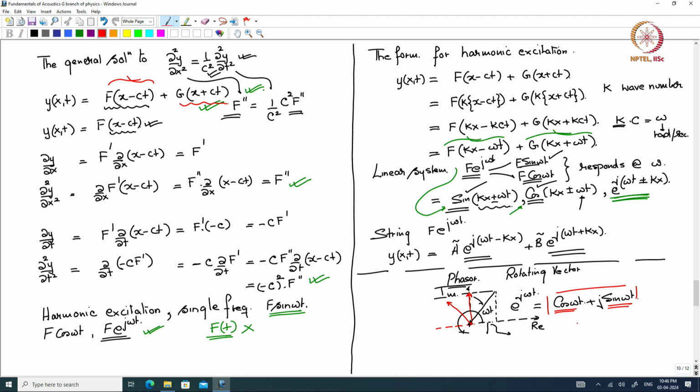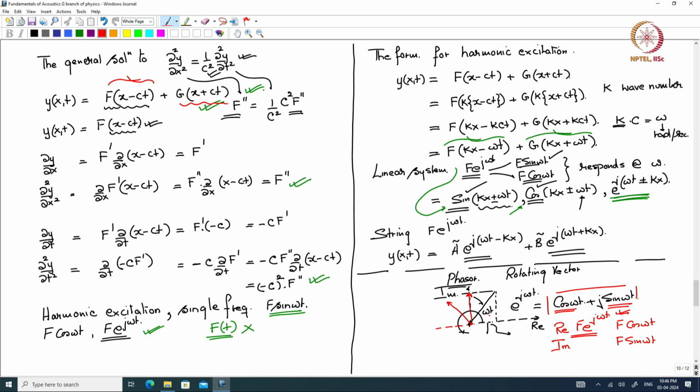We always use a complex notation of F e to the power j omega t. Okay. One of the reasons being that simultaneously, if I want, I take the real part and I get F cos omega t, and if I want the sinusoidal part, I take the imaginary value, I get F sin omega t. So, I get a dual benefit by taking this complex notation. Okay. But that at the same time is a phasor.